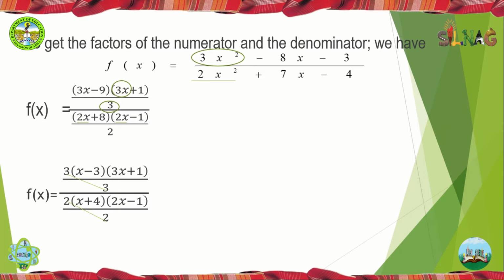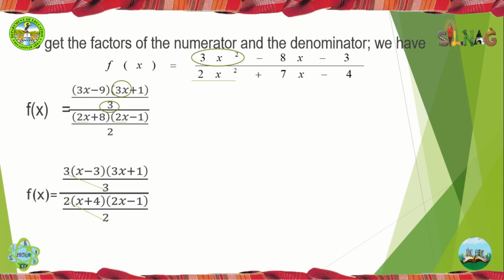At the numerator, we have to multiply the numerical coefficient of 3x squared and the last term negative 3. So we have 3 times negative 3 is negative 9. Now, what are the factors of negative 9 whose sum is negative 8? So we have 9 and 1. And the middle term, negative 8x, has a negative sign. So therefore, 9 will be negative and 1 will be positive.